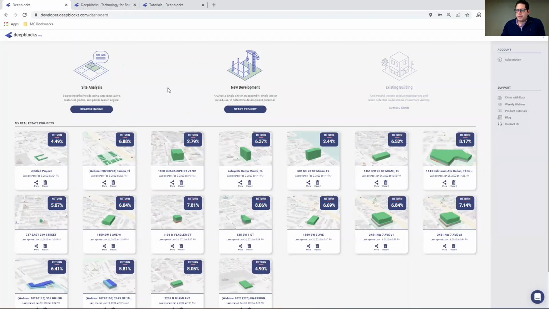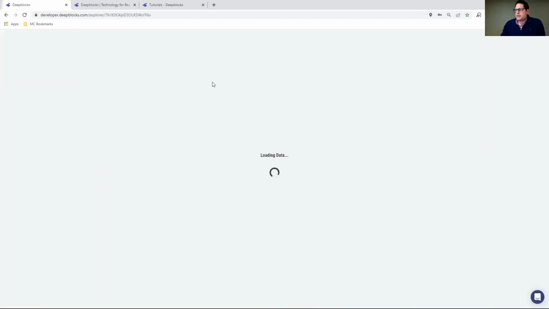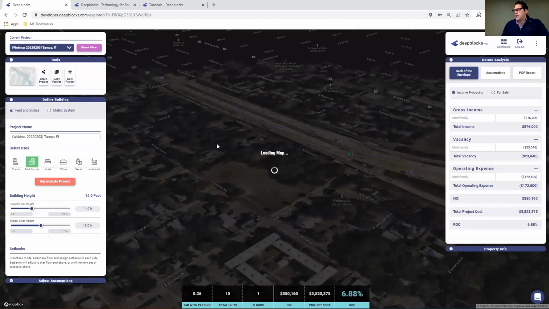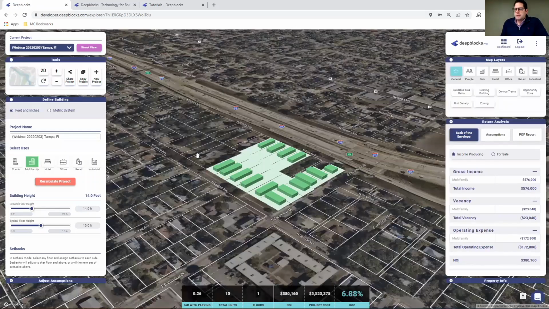There's a project shared with me, and this was a pretty cool project because the land is currently owned by a church, so it's possible that you can maybe work with the church for some type of deal on the land, and in exchange for that deal, you create some type of affordable housing play or certain type of build to rent single family home strategy that benefits the residents that would be moving into there.